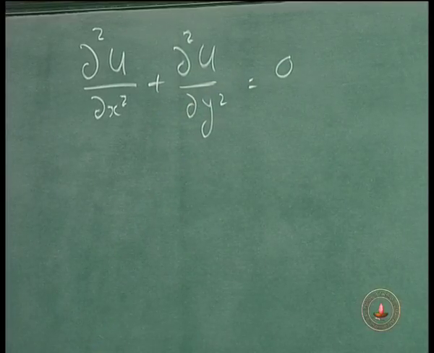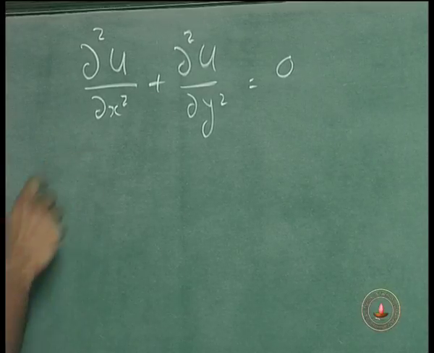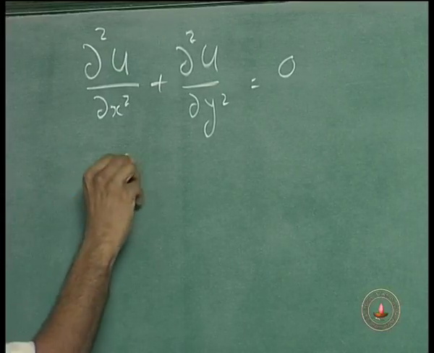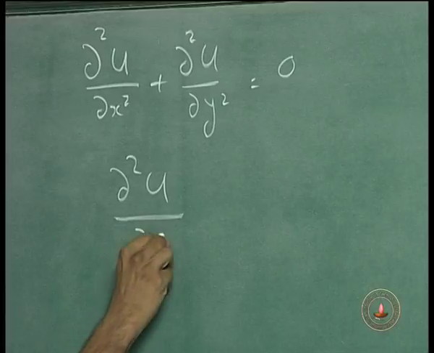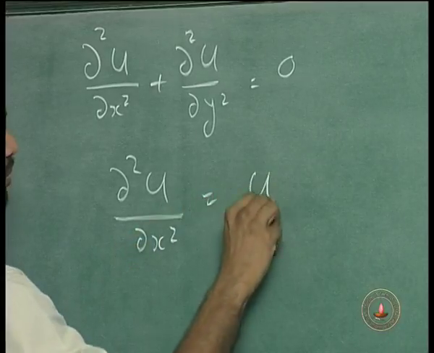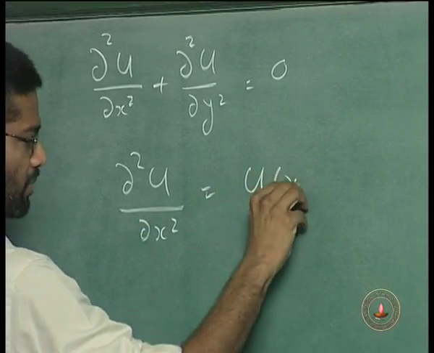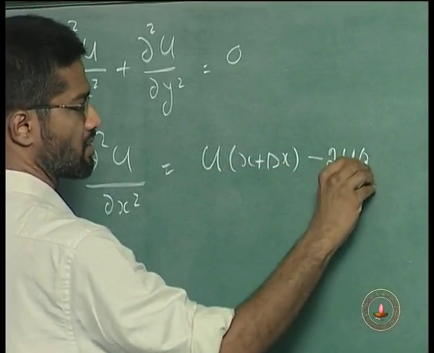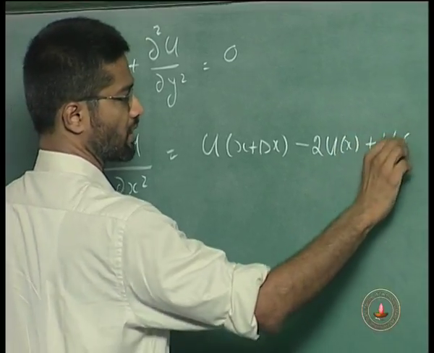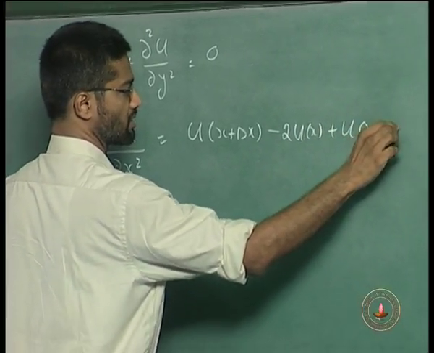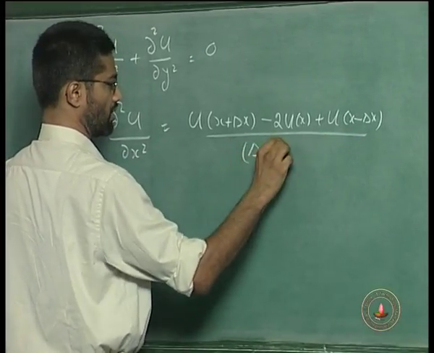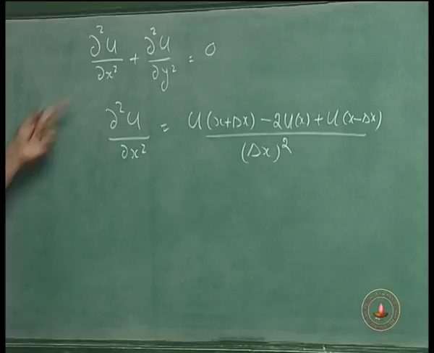And we solve these equations by writing down the second derivatives as difference equations, and we wrote del squared u by del x squared as u at x plus delta x minus 2 u at x plus u at x minus delta x divided by delta x squared, and similarly for delta y squared.